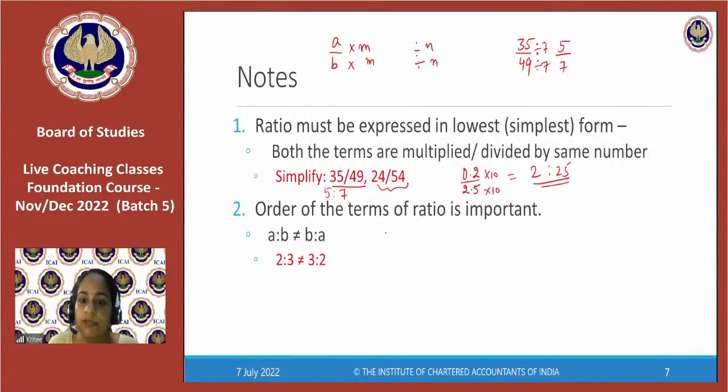The order of the terms of the ratio is always important. You cannot in general treat A is to B as the same as B is to A. A simple example for you to understand.